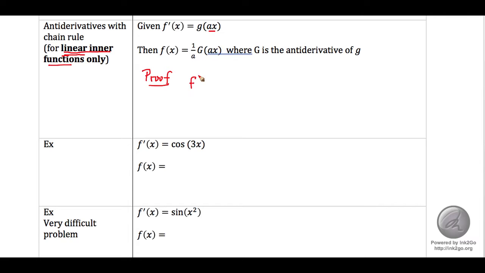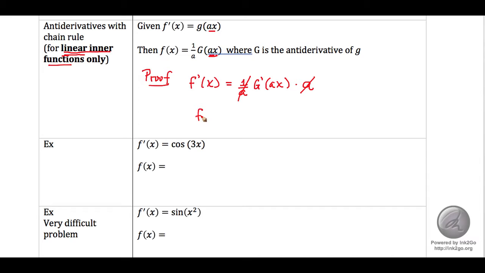Well, let's consider what would be f prime. So if you were given this function, what would be f prime? Well, you have a constant here in the front, 1 over a, times g prime of ax, but you have to deal with the chain rule because of the inside function here, times the derivative of the inside, which is just a. So this allows us to cancel this and cancel that.